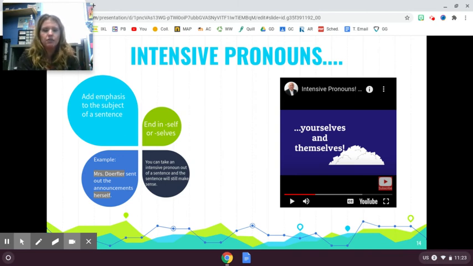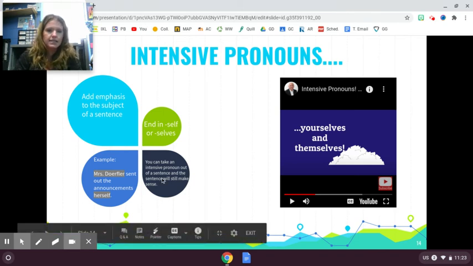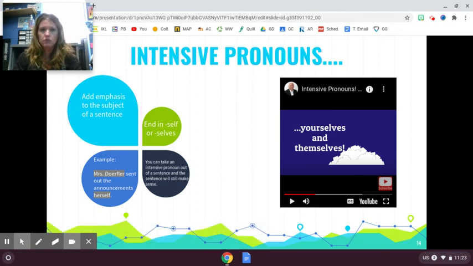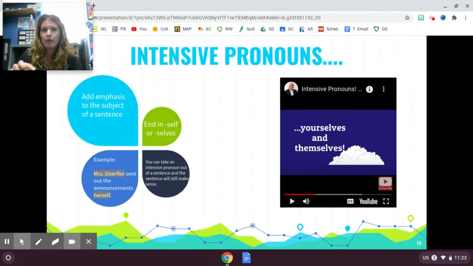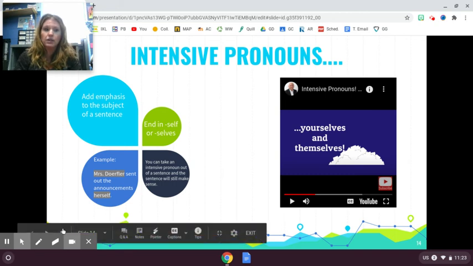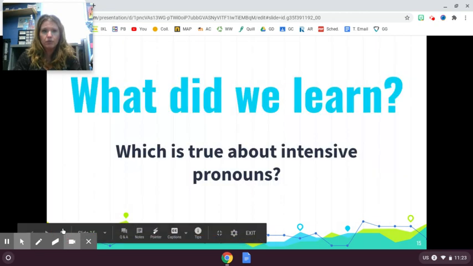So that's reflexive. An intensive pronoun, you can take out of a sentence and the sentence will still make sense. Mrs. Dorfler sent out the announcements. If I don't put the herself in there, it still makes sense. It's just that herself adds, again, that emphasis on the subject, so it just makes it a little stronger. You won't see much about reflexive pronouns, but I did want to point out the pronouns themselves are the same. It's more about how they're used, and we're really going to focus in on intensive pronouns.